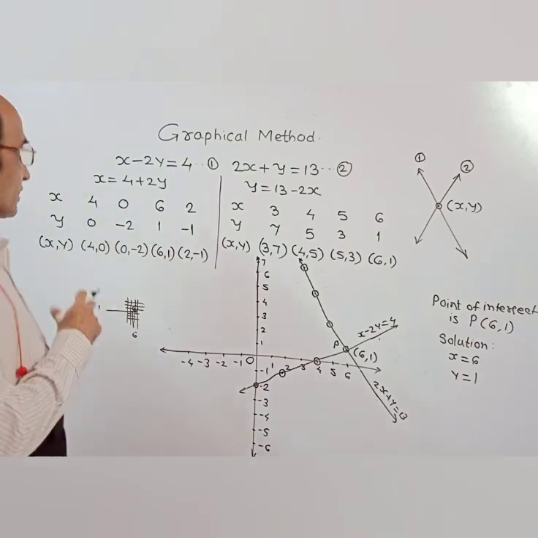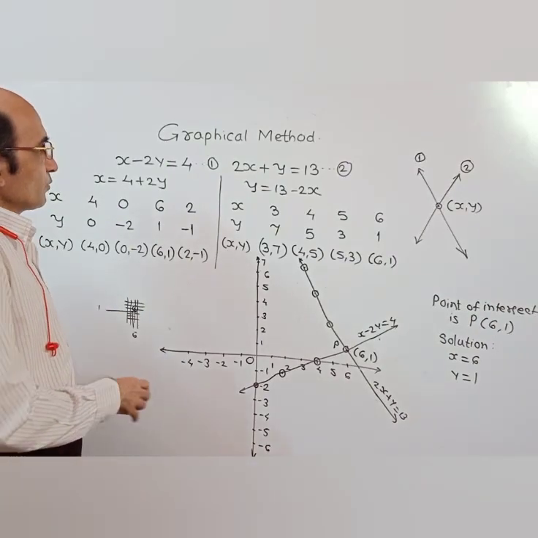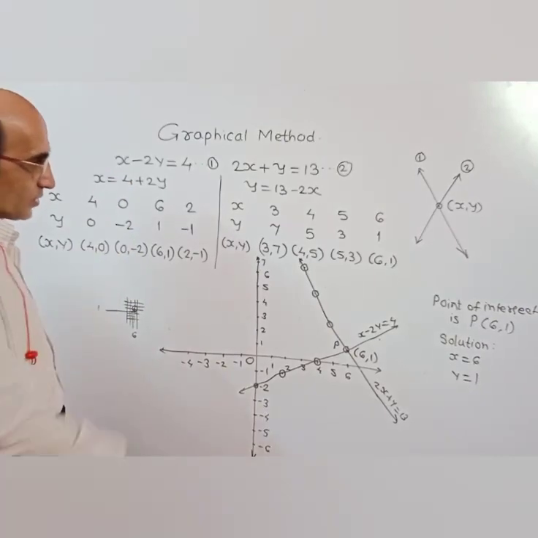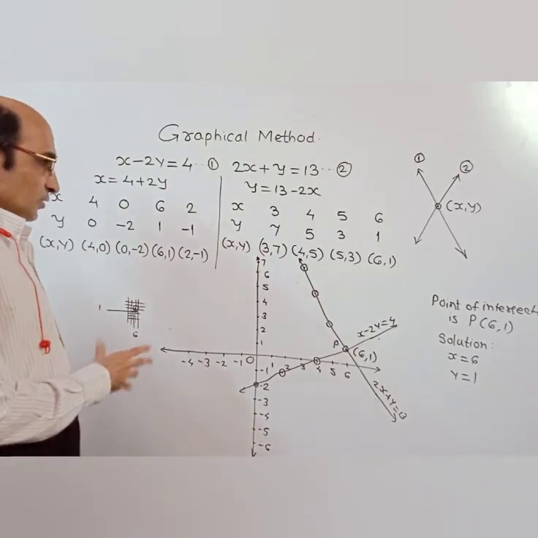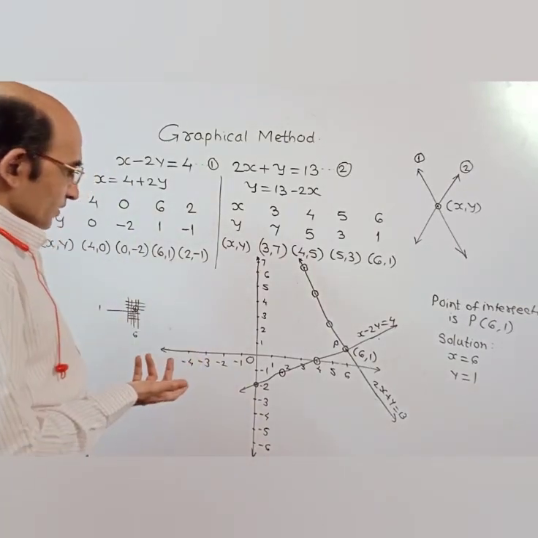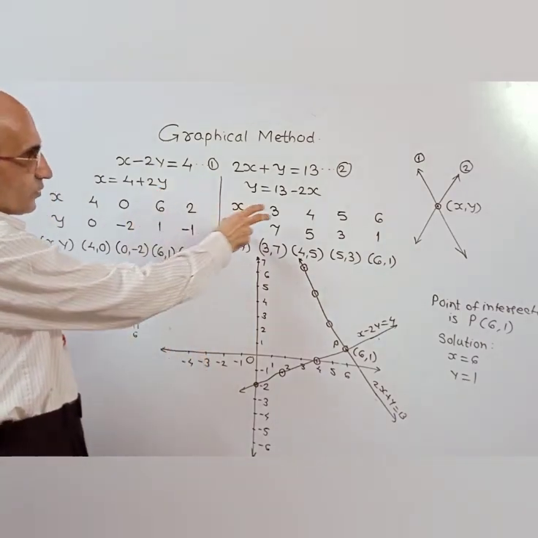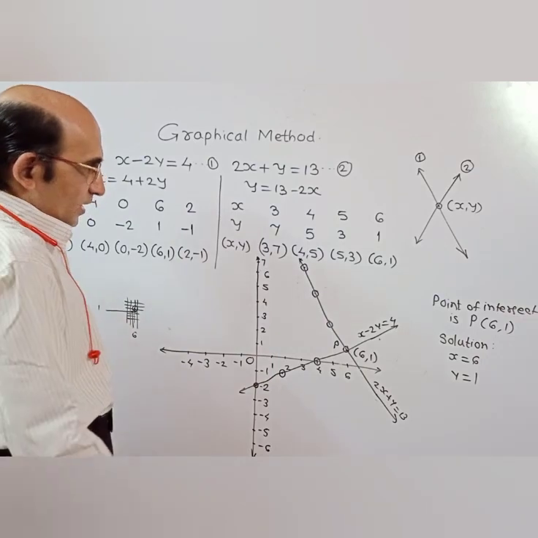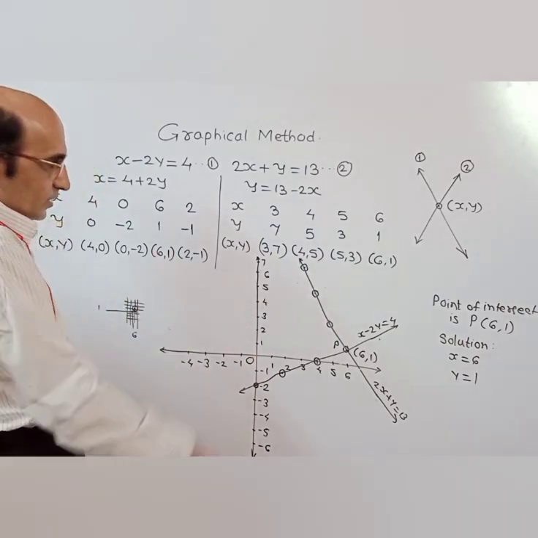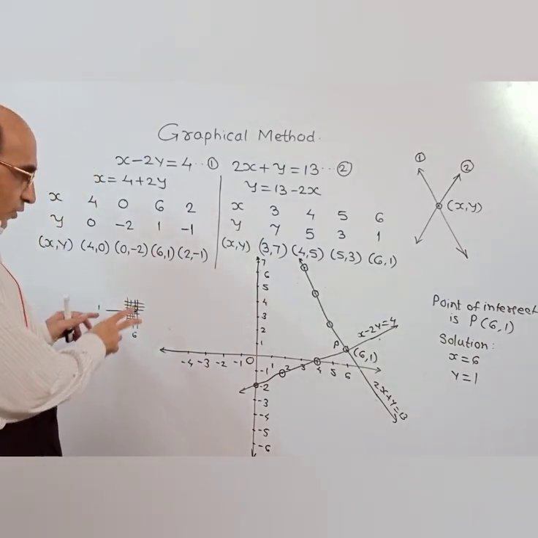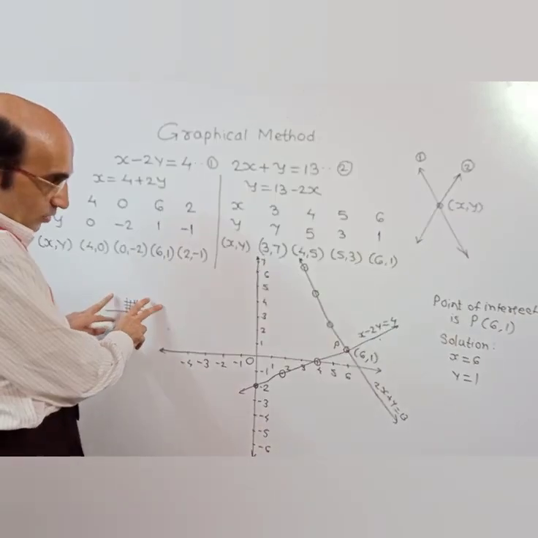To avoid that error, you find the solution by any other method, and we get the solution 6, 1. Then we know the point is 6, 1, which lies on the first as well as on the second line, and then by the graphical method you can avoid that error also.